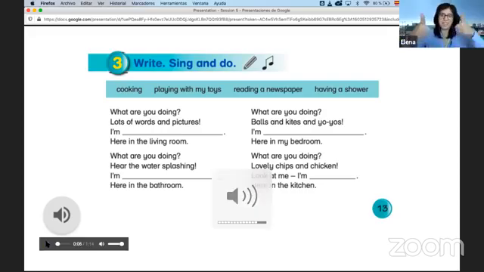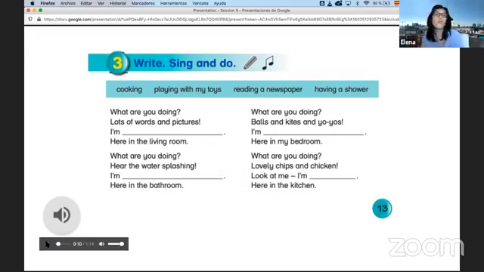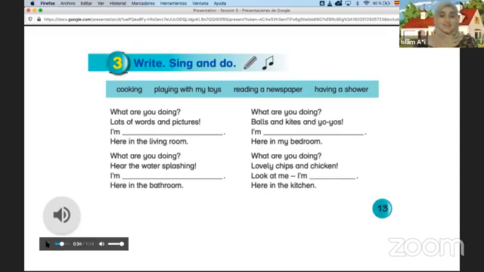What are you doing? Lots of words and pictures. I'm reading a newspaper here in the living room. What are you doing? Hear the water splashing. I'm having a shower here in the bathroom.